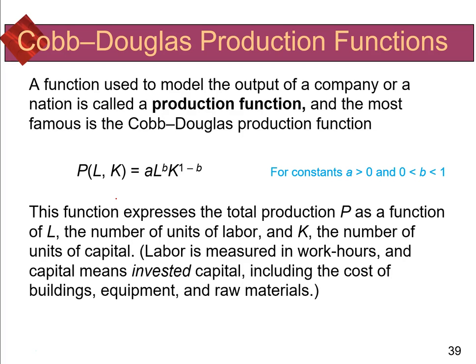If I have labor increasing at so many workers per day, that might affect the production. The production hopefully would go up, because I have more people working on it. So if I'm doing a derivative with respect to labor, I could do it that way.